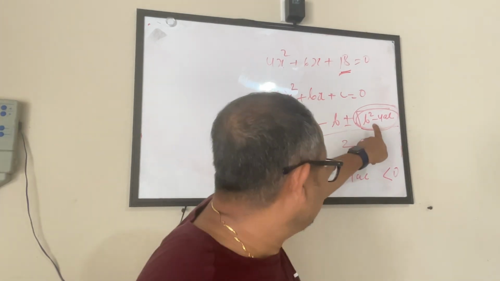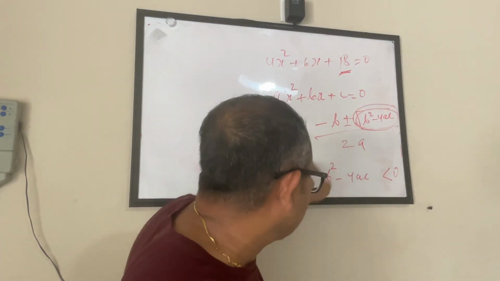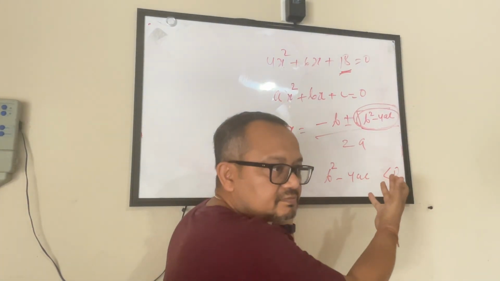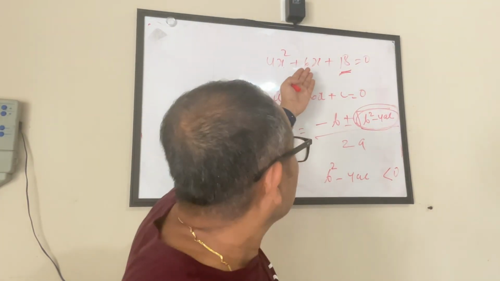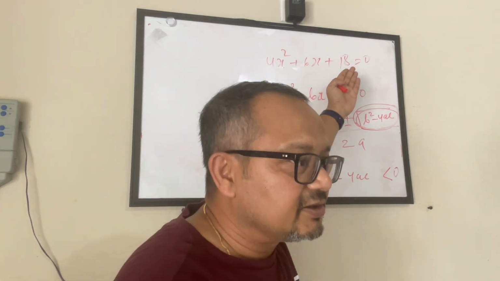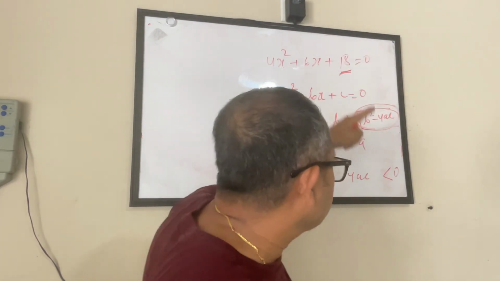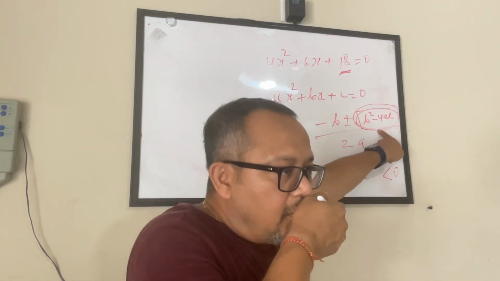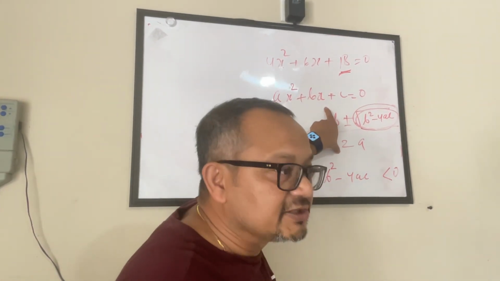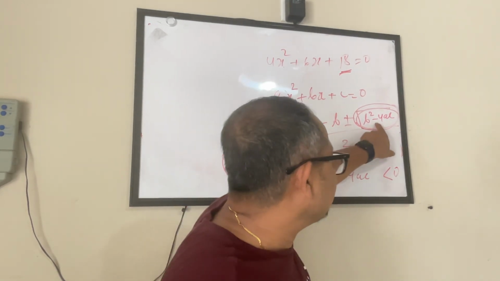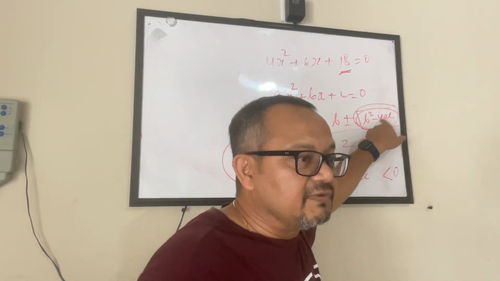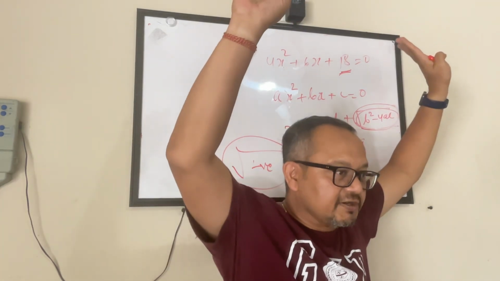So when the discriminant is negative, there is no solution for this equation. If somebody says solve this quadratic equation, the first thing you will do is find this value. If this is 0, you find the value as this. If this is greater than 0, you have to find the square root of this. If this is negative, you will just surrender and say there is no answer.